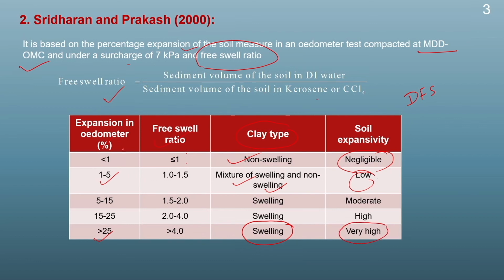So, depending on the swelling potential which is determined from the odometer test by compacting the specimen at MDD and OMC and applying a surcharge load of 7 kPa and then submerging in water, if we get the swelling potential, then that can be used here. Similarly, the free swell ratio which is obtained can also be used to determine the swelling type of the soil and also the expansivity of the soil.